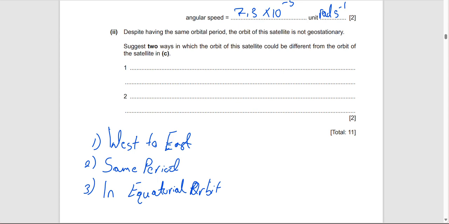Right. So we already know that this satellite has the same orbital period, so that is correct. That's fine. Now it's saying suggest two ways in which it would be different. So the only way here, one would orbit from east to west, right?